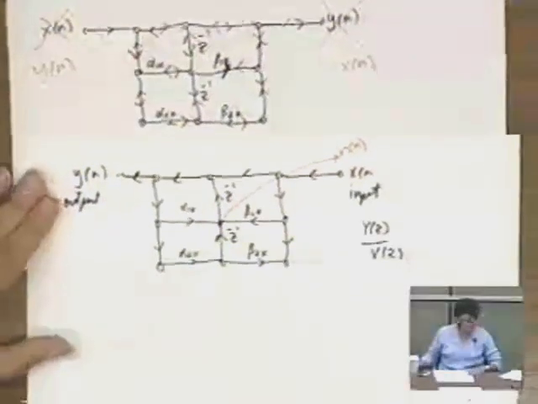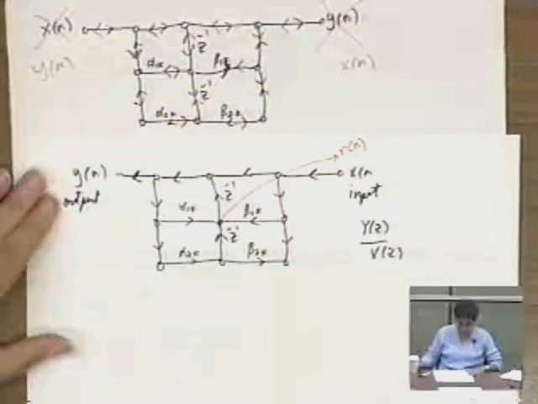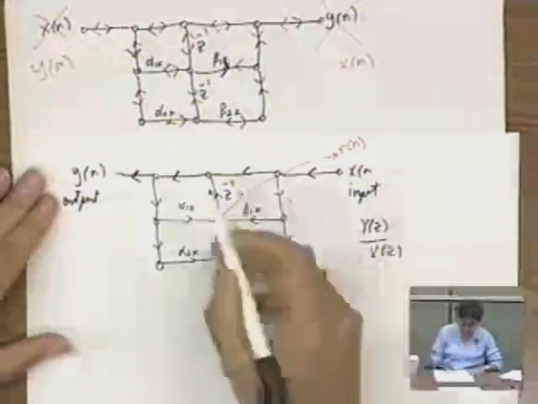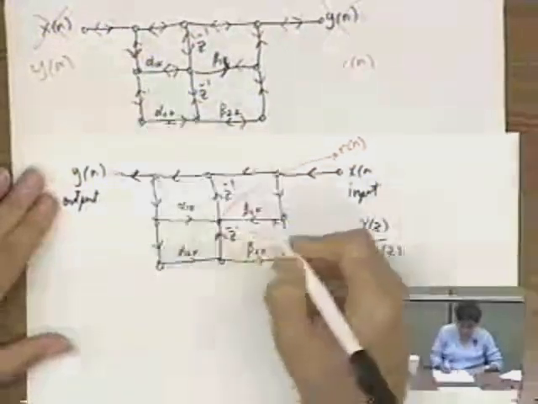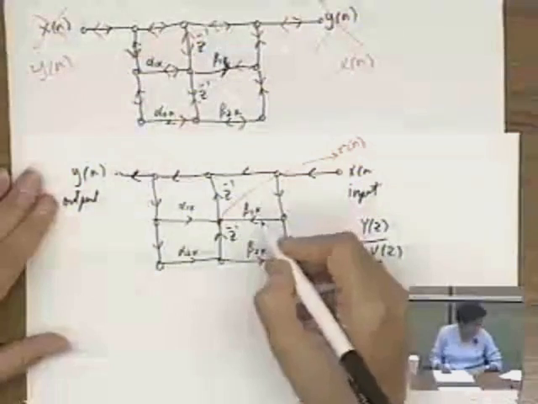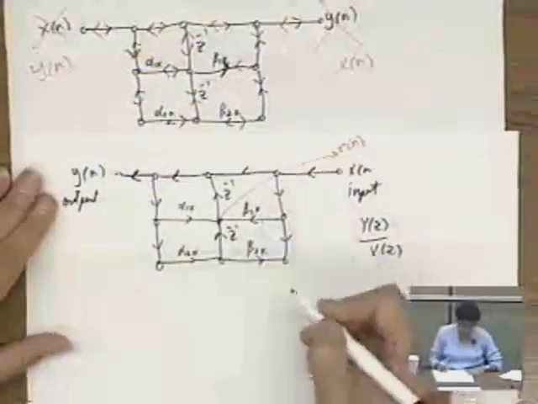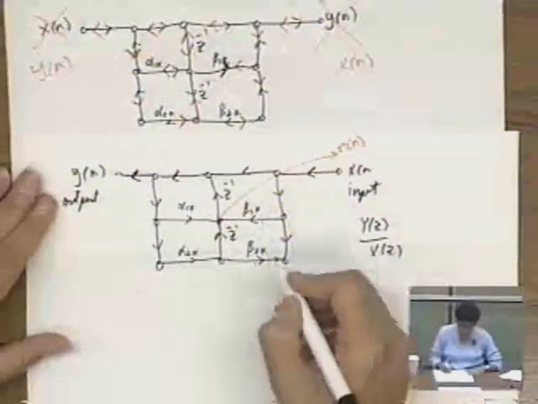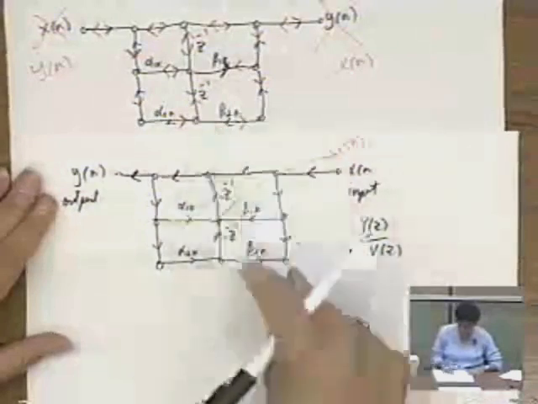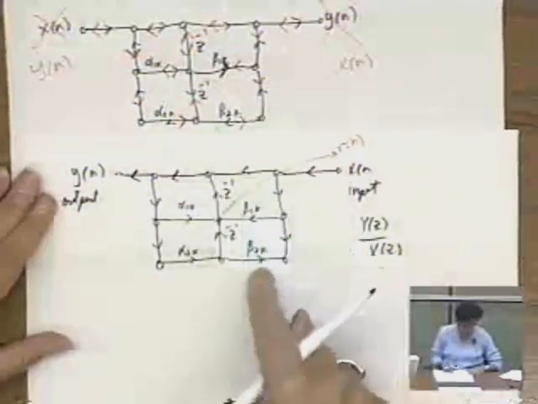Question: are the arrows on your beta terms drawn right? Actually, alpha is going that way, and beta 2k, no, it was going that way, so I'm drawing it that way.